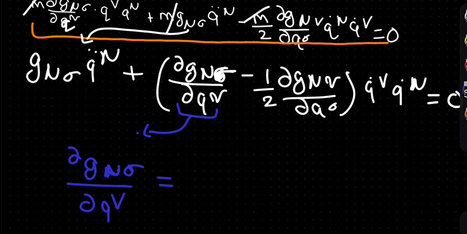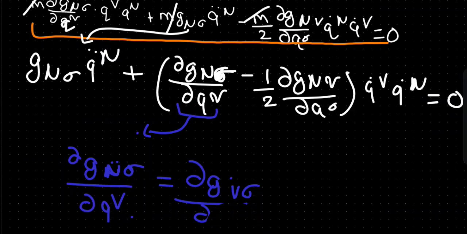What you will do is shift this mu to the denominator. Let's see what will happen. When you do this, you will get del g nu sigma divided by del q mu.